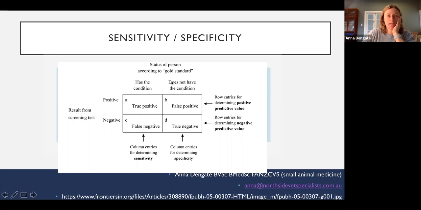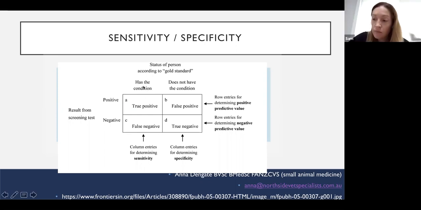Say we're talking about leptospirosis, and we've done the MAT, the microscopic agglutination test, and that's come back positive. That's considered the gold standard of lepto testing.